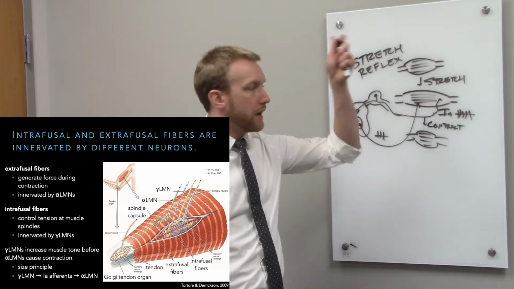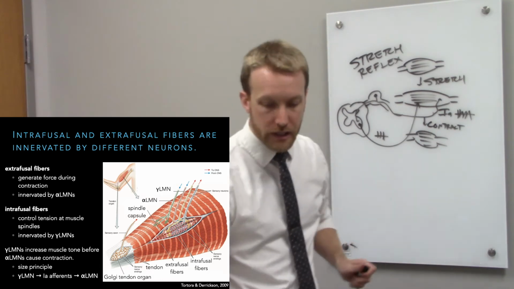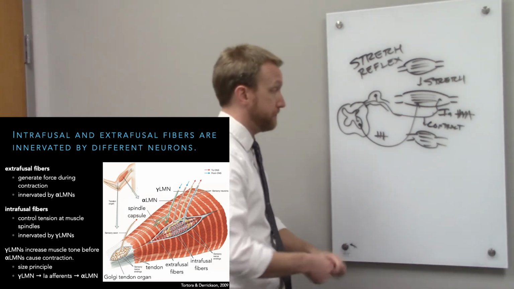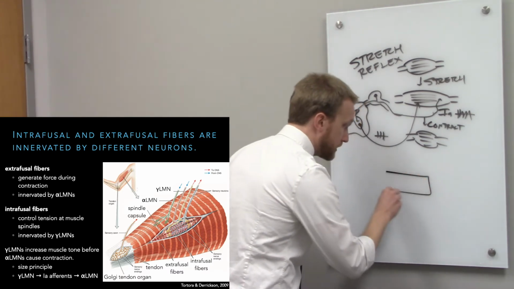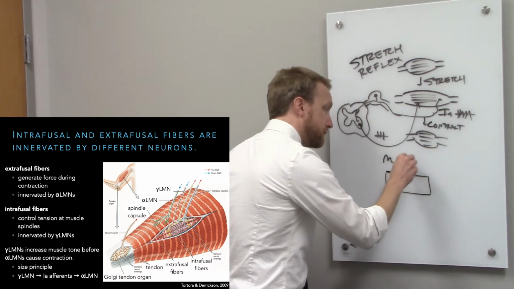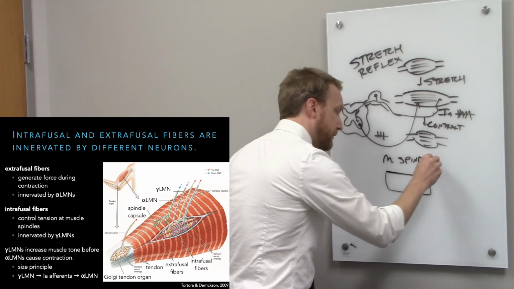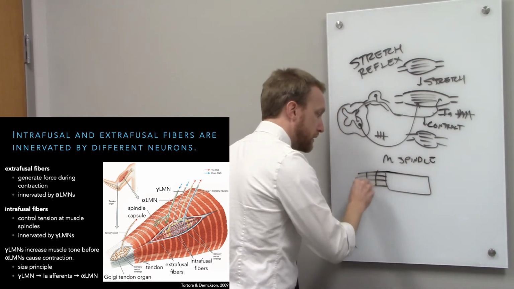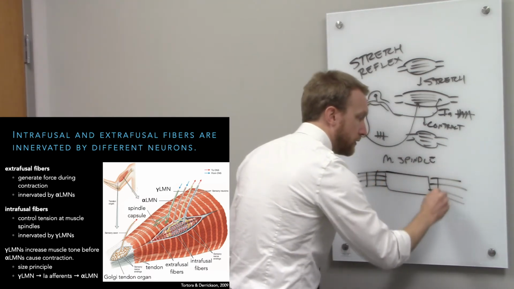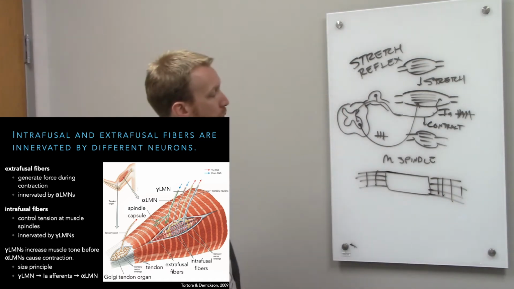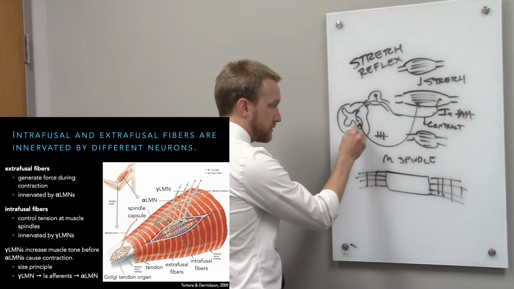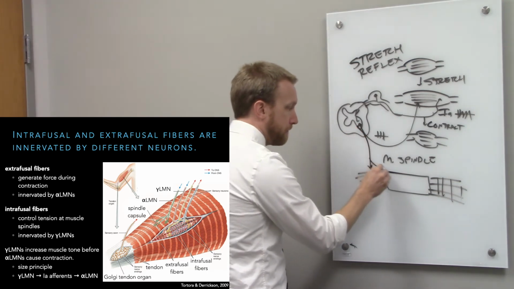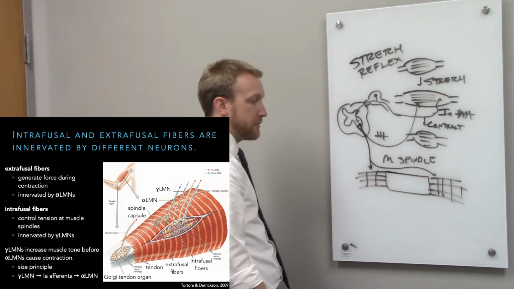So we could stretch by tapping a tendon. Alternatively, we could tell a little old white lie. We could act at the level of the muscle spindle. Now remember, we have intrafusal fibers flanking our spindle. So what would happen if a gamma lower motor neuron, a little bit smaller, were to stimulate the intrafusal fibers?